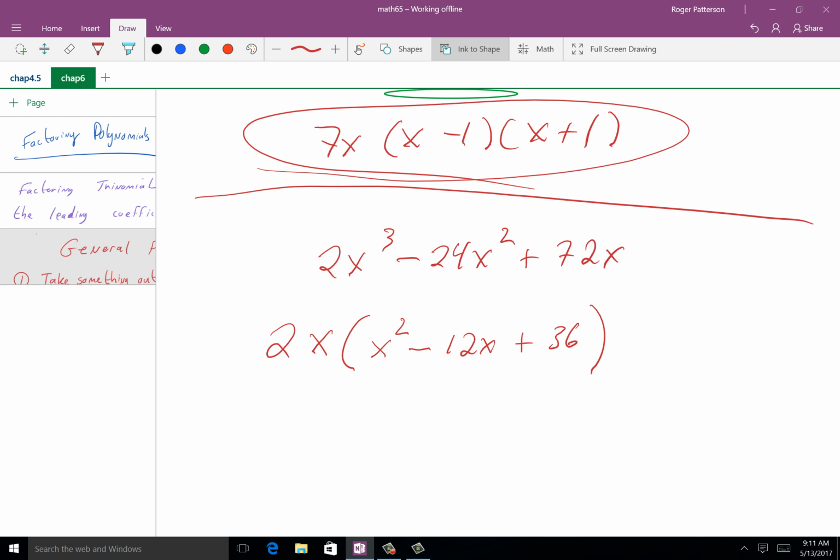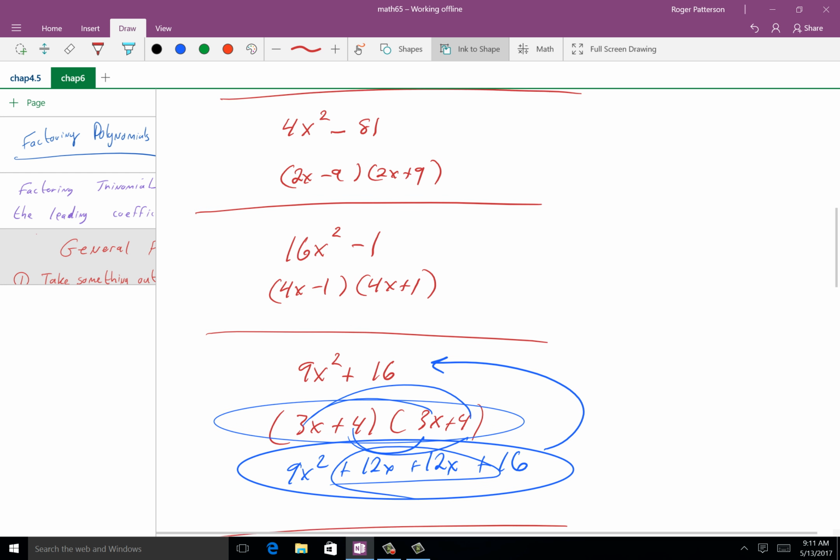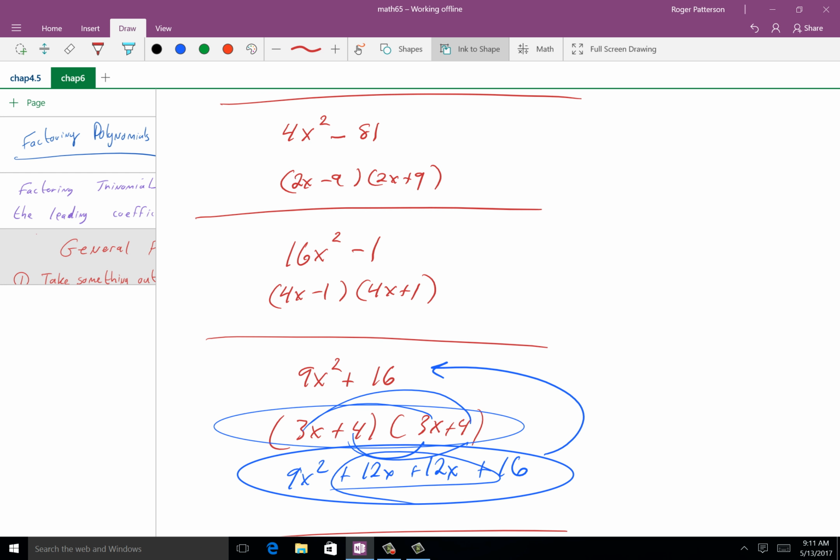No. Remember, 2 squares has got to be 2 terms, and we got 3 terms in there. Let's clean up our terminology a little bit. If we go back up here, these are differences of 2 squares because there's 2 terms, and 2 only.